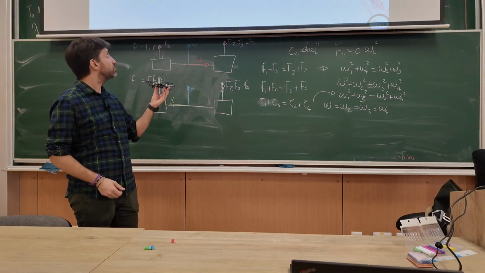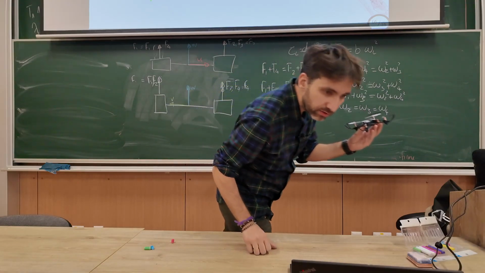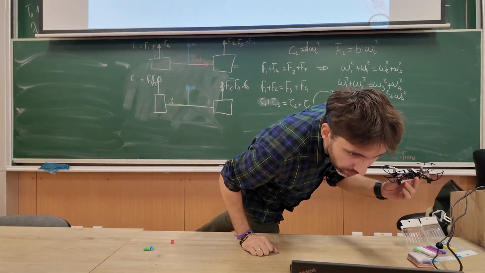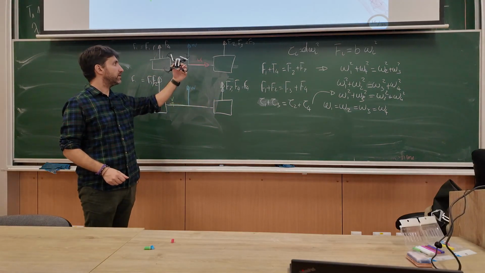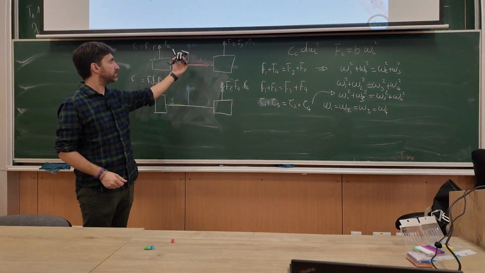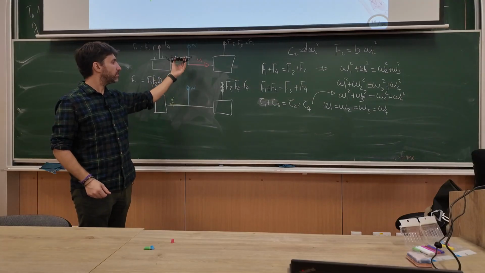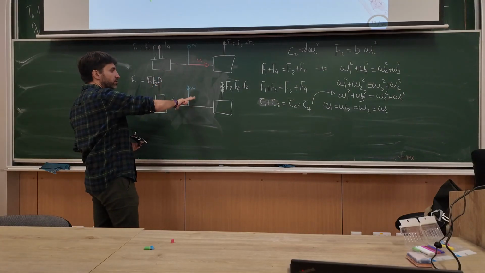What are the conditions so that I have rotation around the x-axis? So I rotate basically like this, around this axis. In the end, it's basically this rotation.